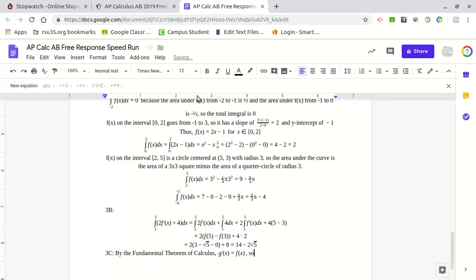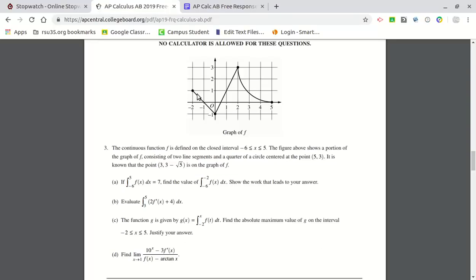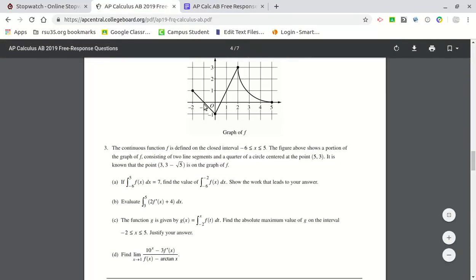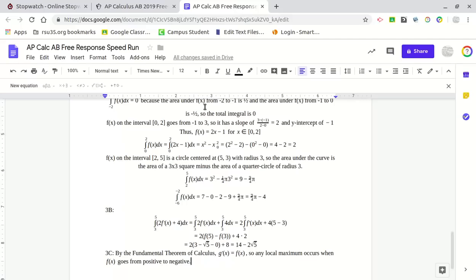So any local maximum occurs when f of x goes from positive to negative. And that really only occurs here. It could have occurred at 5, but 5 is an endpoint, so I'm going to check that anyway. So this only occurs at x equals -1.